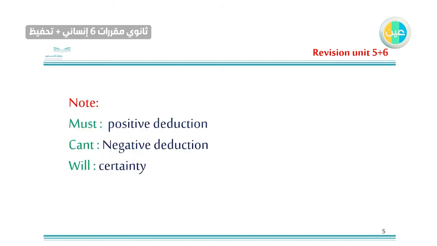Notice that if you want to express positive deduction, you will use must. Positive deduction means you guess something or decide something according to reason. So if the conclusion that you come to is positive, use must. If it's negative deduction, use can't. If you want to express certainty, use will.